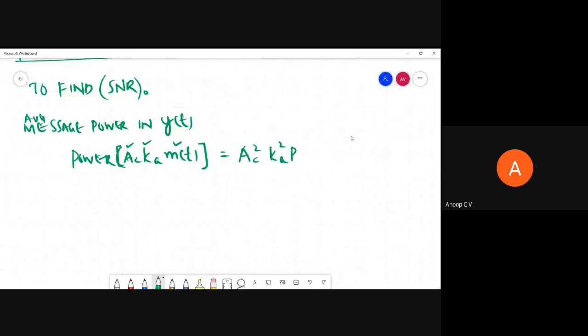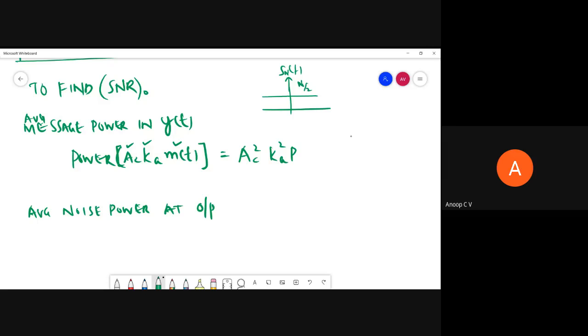So now the average noise power at output. I'll just revise again. We have this noise with power spectral density Sn of f equal to n naught by 2 for all frequencies.